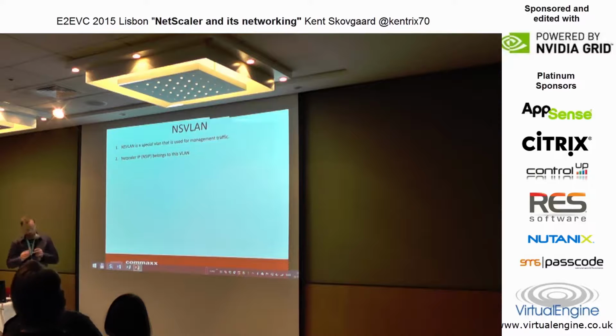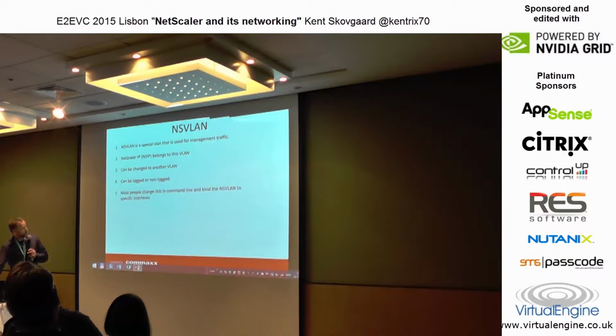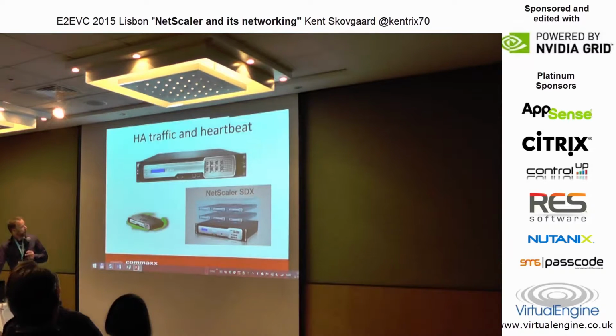Most people will change it in the command line, bind it to a specific interface. And this is something that's quite important to know, because again, when you segment the VLANs, the NetScaler management will be bound to a VLAN. And this is per default VLAN 1. You cannot change that in the GUI. You need a command line to do it, and you need reboots to do it. Okay.